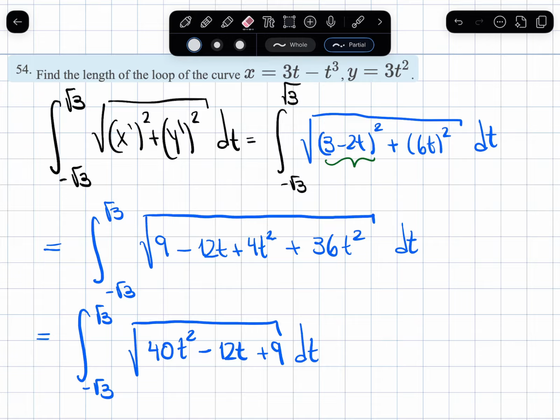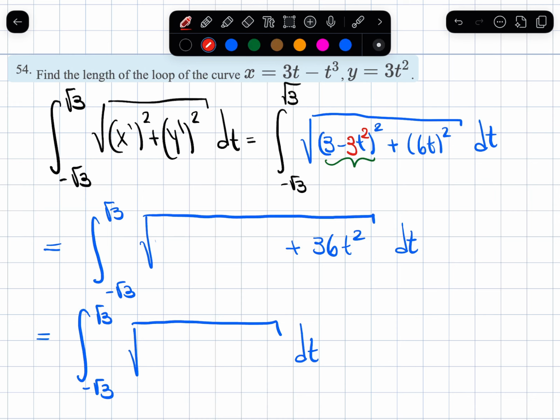There's a mistake right there. When I derived x, it should be 3t squared. So let me fix this when I FOIL. Maybe this is going to save a little bit of work. So let's see. 3 minus 3t squared.